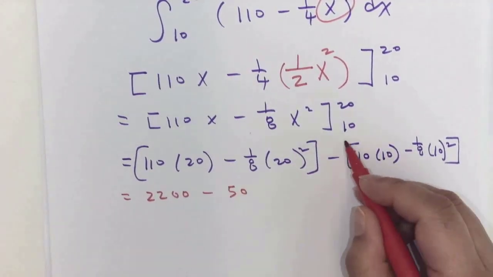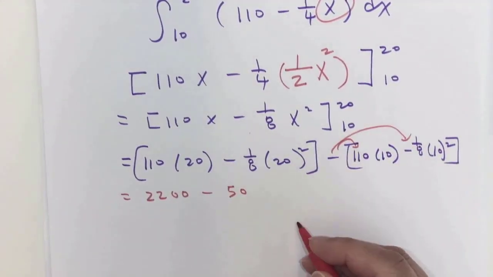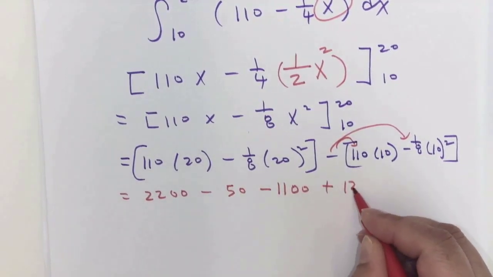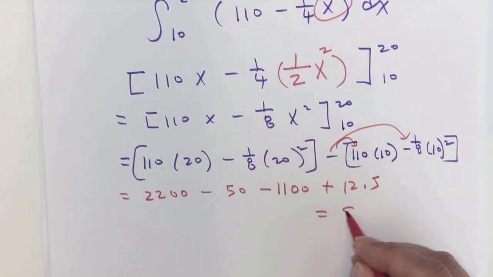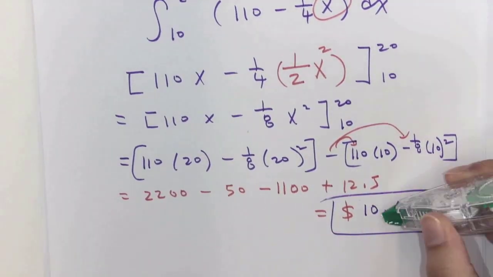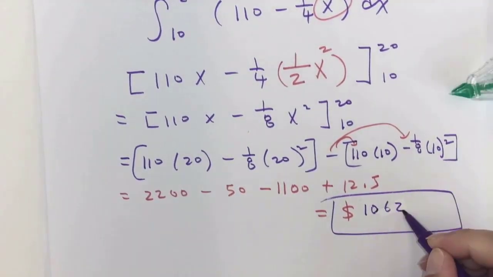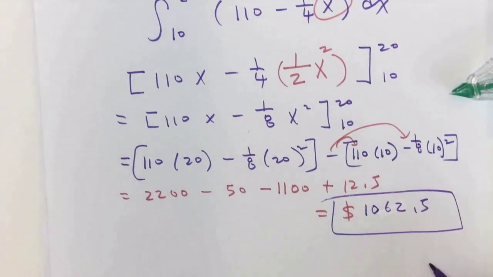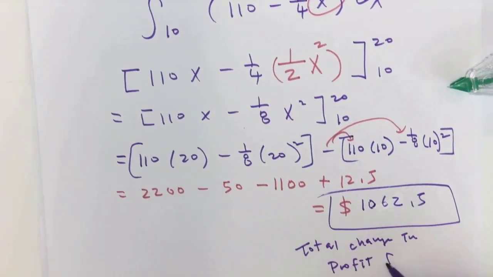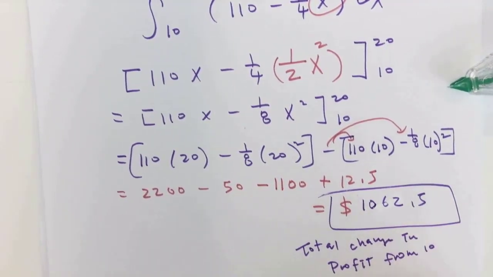And then over here, we distribute the negative, which gives minus 1100 plus 12.5. So the answer should be 1062.5. This represents the total change in the profits from 10 units to 20 units per week.